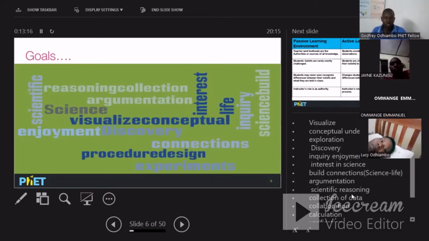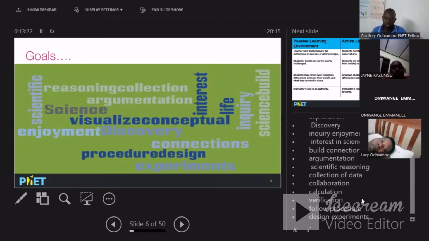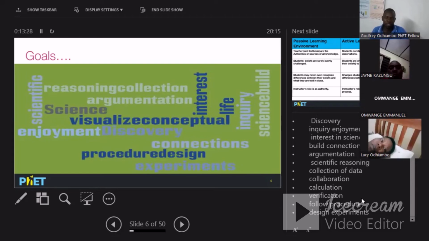The students will also gain in collection of data, collaboration, calculations during class work and assignments, verification of data or laws and principles, and also in following instructions and proceeding in the concept that he or she is learning. The simulations also help the teacher to design experiments to be used by the learner.